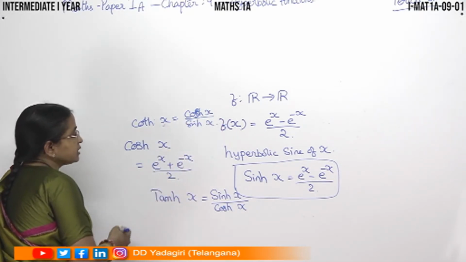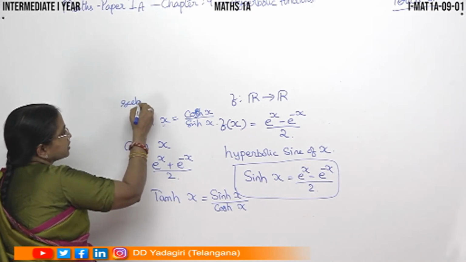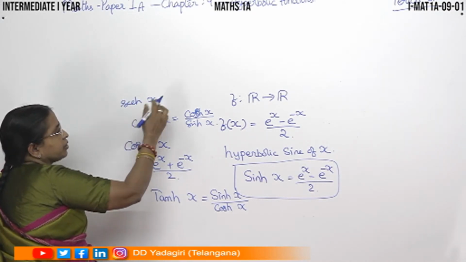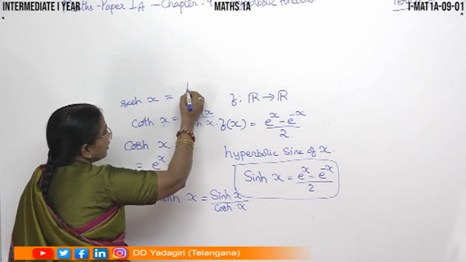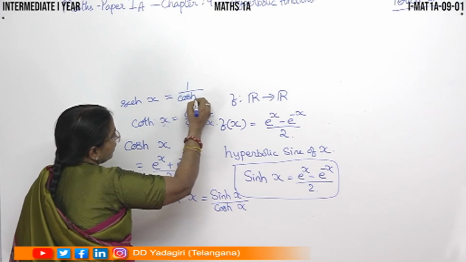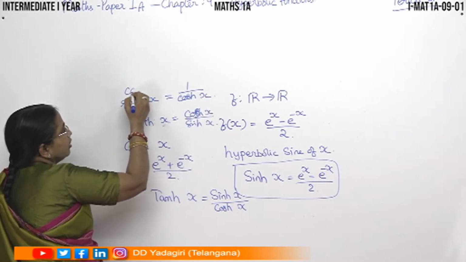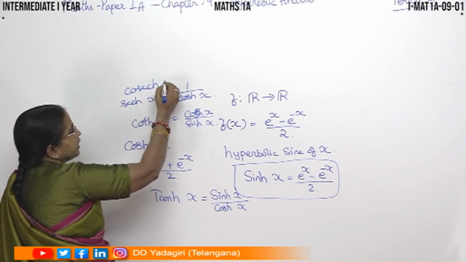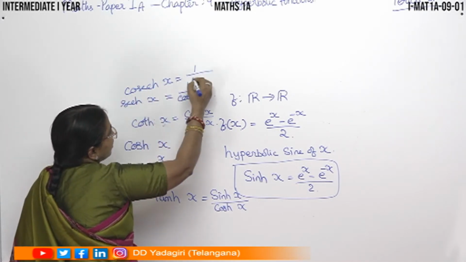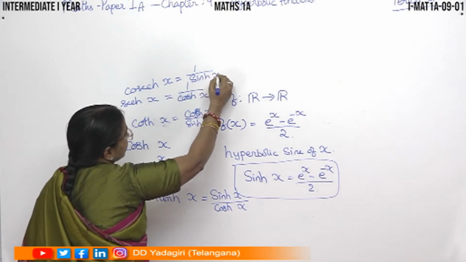In the same way, sechx is the hyperbolic secant of x, defined as 1 by coshx. And the hyperbolic cosecant of x is defined as 1 by sinhx.